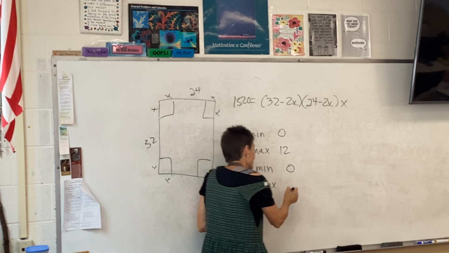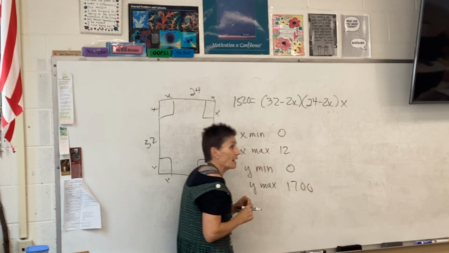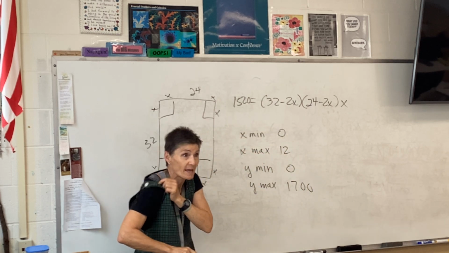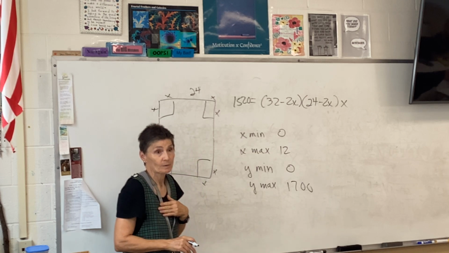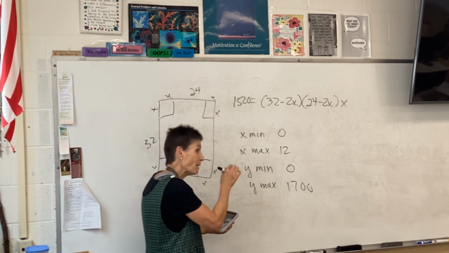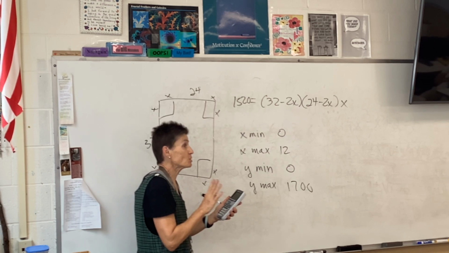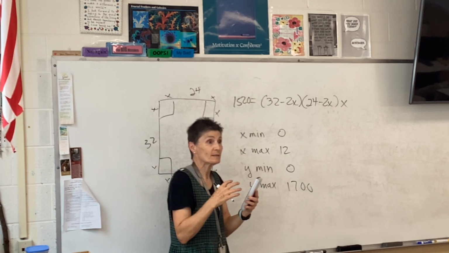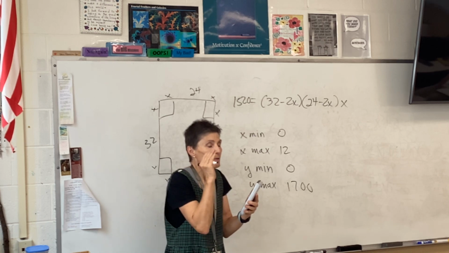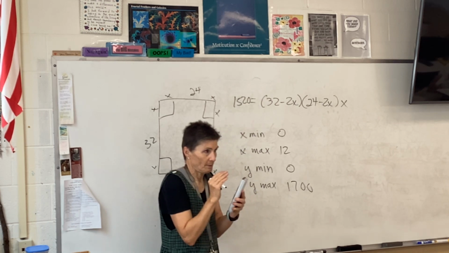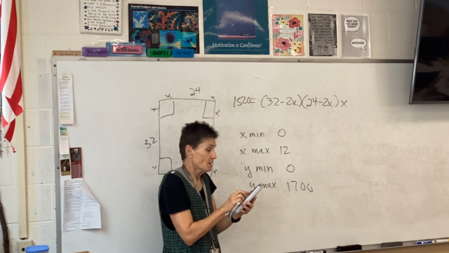So maybe 1700. I don't know, pick whatever you want. Bigger than 1520. Okay? So then, that's how my window is set. A little frustrating when you come in and say, Miss Ford, I can't see a picture. Set your window up, and then you'll see the picture.